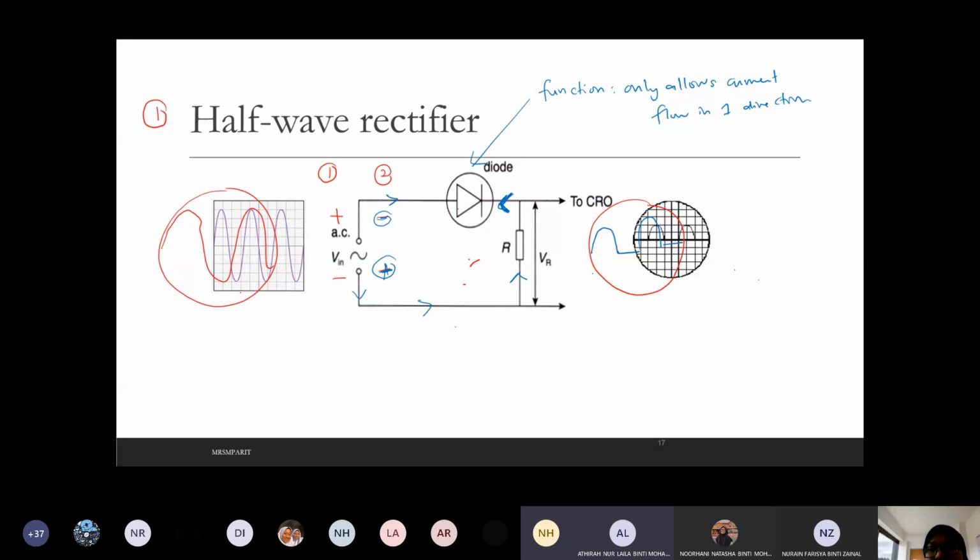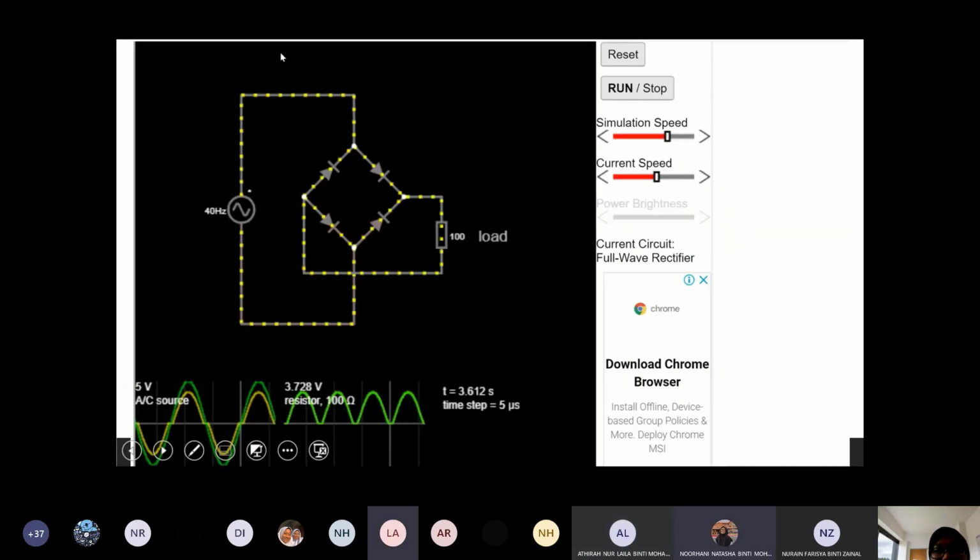So you know that. Now, okay, now we have full wave rectification. How many diodes we have? Bukan 2. Tadi 1, sekarang 4. Okay, jadi 4. So this one alternating currentnya and then dia akan jadi CRO. Bila dah lalu through the diodes, kita akan dapat macam ni pattern dia.